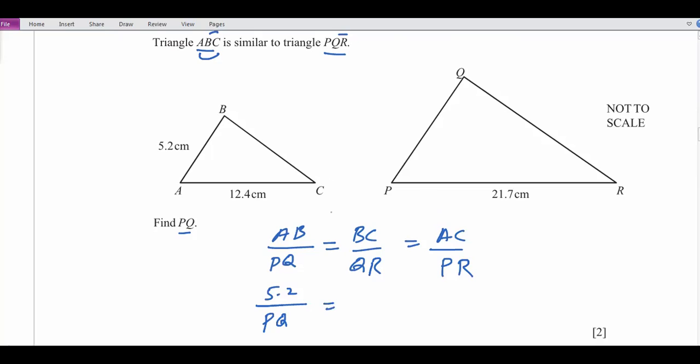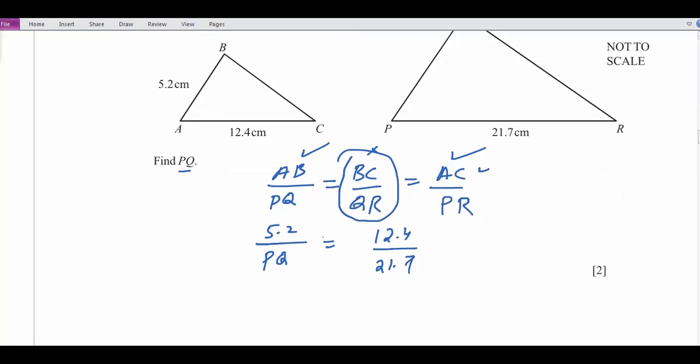BC not given, QR not given, so no need to write this. We will skip this one. Write AC. What is AC? AC is 12.4, over PR. PR is 21.7. Because this whole portion is unknown to us, we will skip it. We will keep this one and this one equal. From here, to find PQ, cross multiply: 12.4 multiplied by PQ equal to 5.2 multiplied by 21.7.